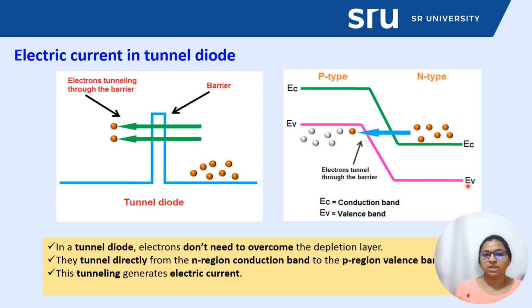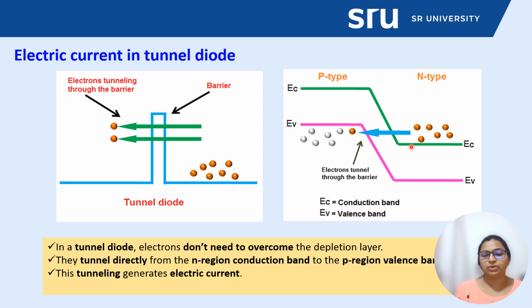EV is the valence band for N type, and this EV is the valence band or valence energy level for the P side material. You can see from this diagram that this is a bit higher than this.